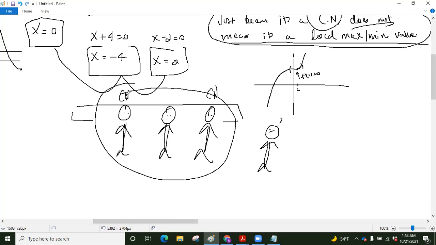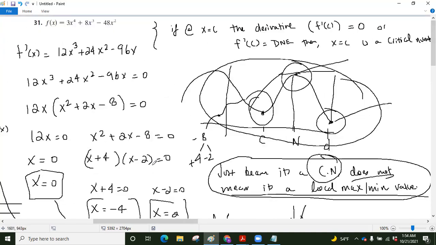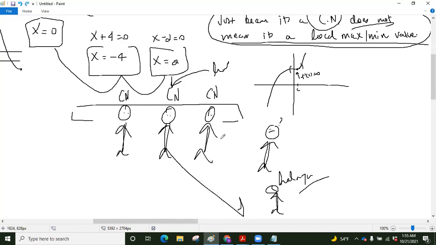All of these are candidates, but which one is the local min or local max? So you're just filtering through. And this part just got us down to only finding the candidates, and not actually finding which ones are the local mins or the local maxes.